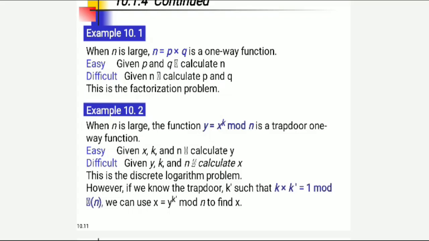This is known as the discrete logarithm problem. However, if we know the trapdoor k dash, which is a hint to calculate the inverse, such that k times k dash equals 1 mod phi(n), then we can easily calculate the value of x using the formula x equals y to the power k dash mod n.